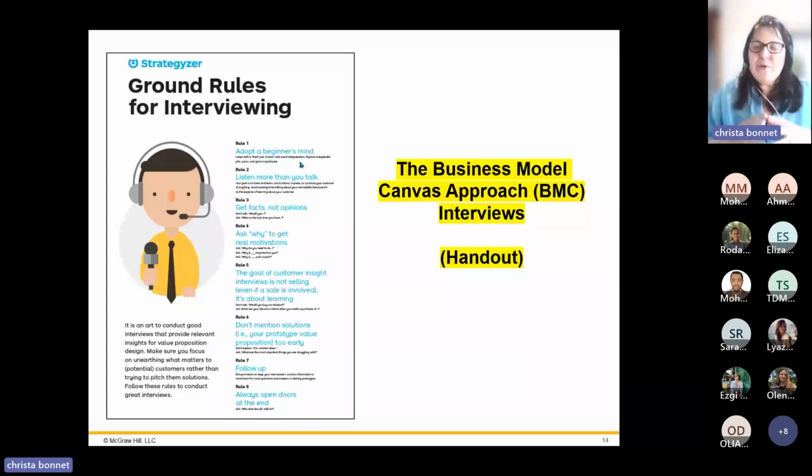Then, if you're not sure, rule number 7 is follow up. If you're not sure about something, get clarity, follow up. Or if a person says, come back to me, I'm not sure, but come back to me next week, follow up. It's about connection, connection, connection, connection.